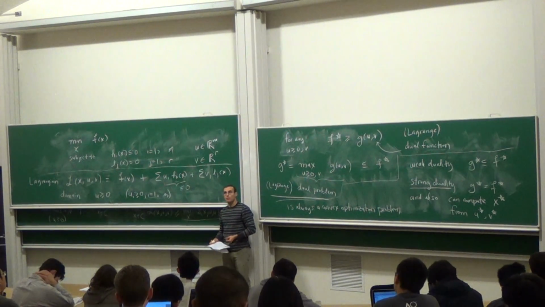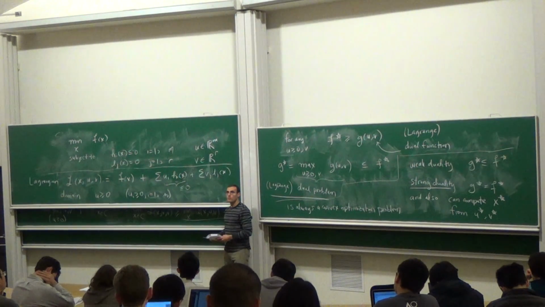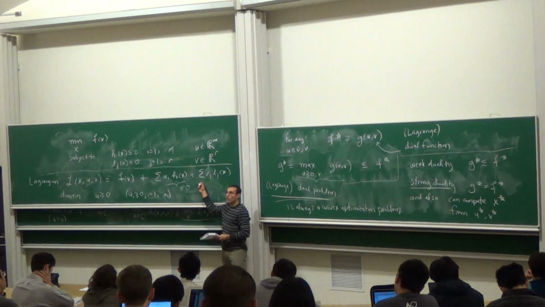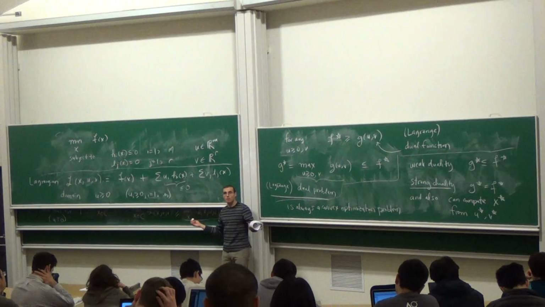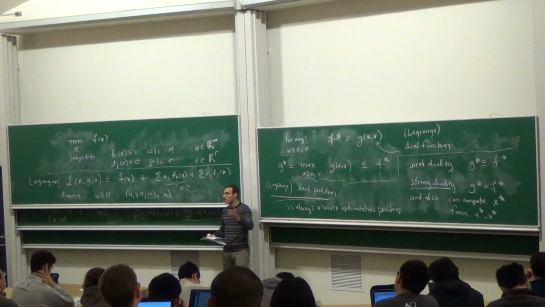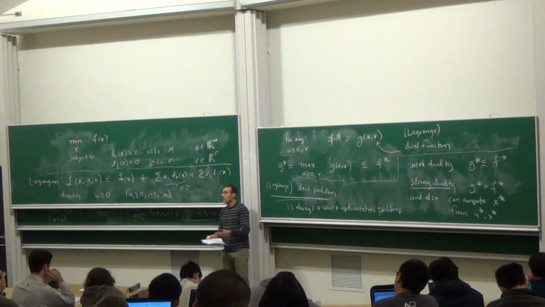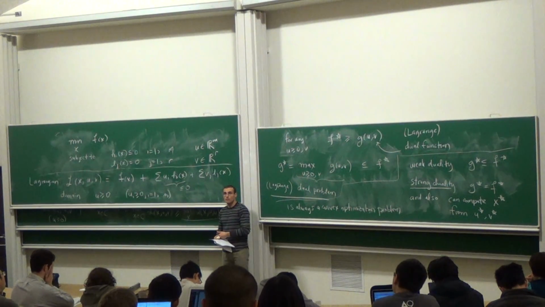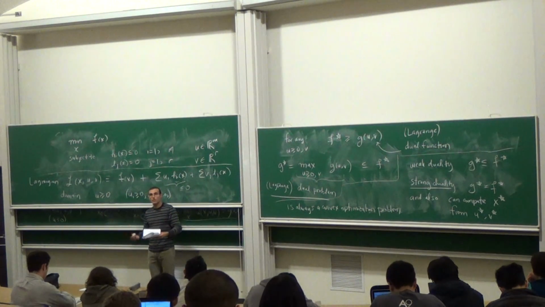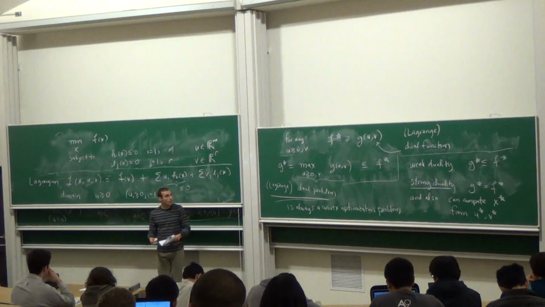As a function of u and v, this is just an affine function, right? I'm maximizing a bunch of affine functions in u and v, a ton of them, over all x. When I maximize affine functions, I know that the maximum of any convex function is still convex. So this thing is convex. So what we proved was that minus L was convex, and therefore L is concave. Okay, I went through that really quickly because we're essentially out of time, but look at the notes.